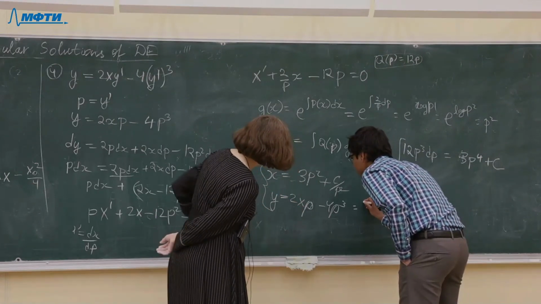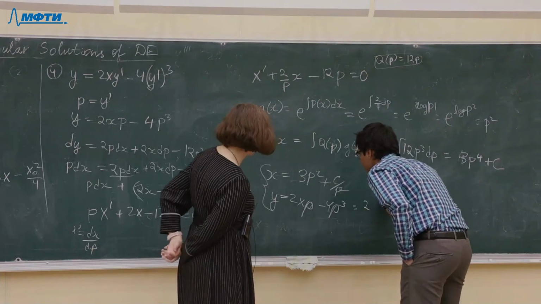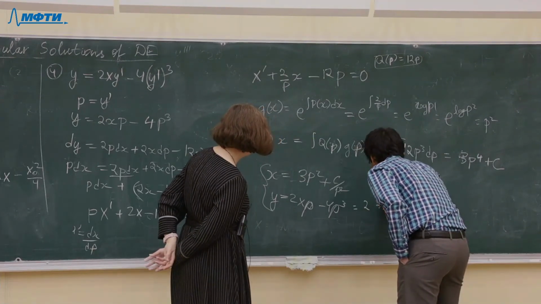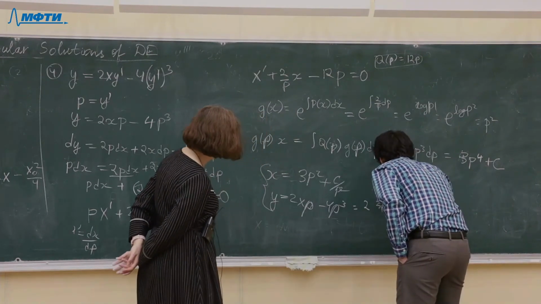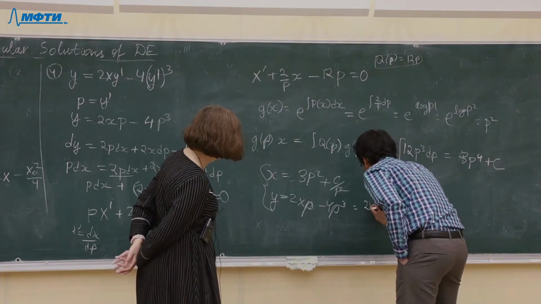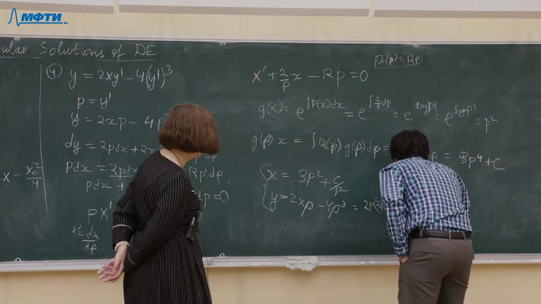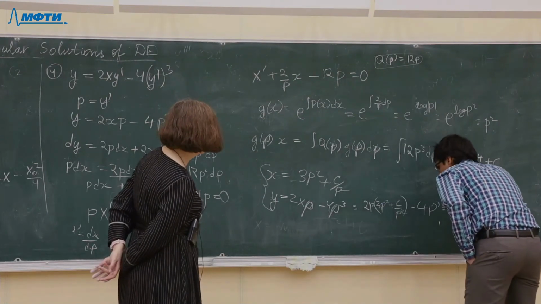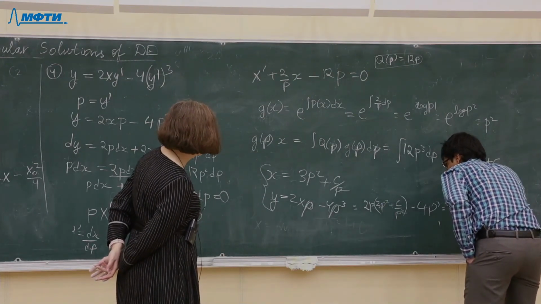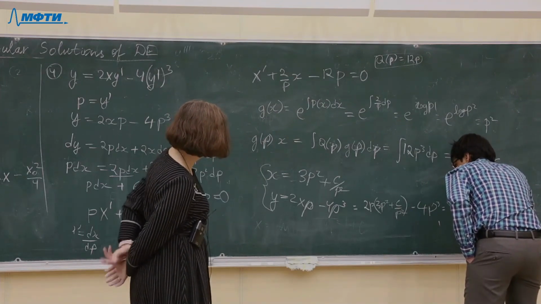So it is parametric, so we can't solve for p, but we may substitute x. p cubed, right, plus c.